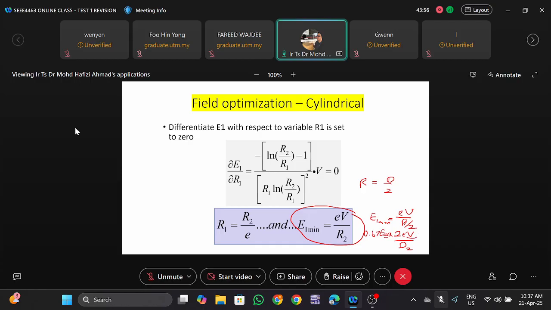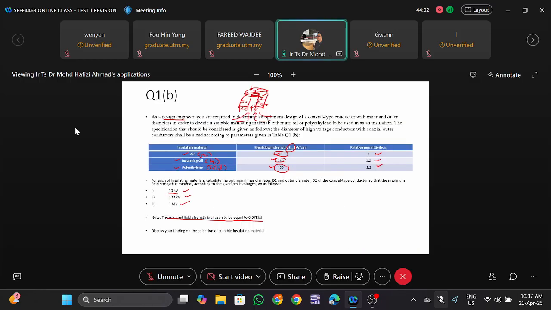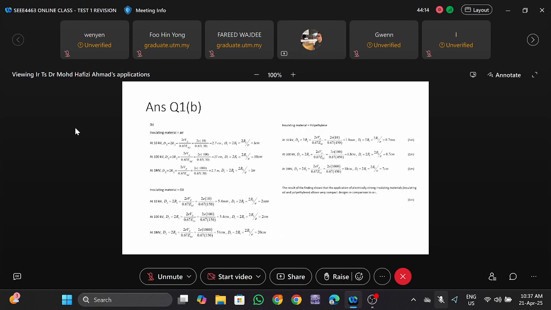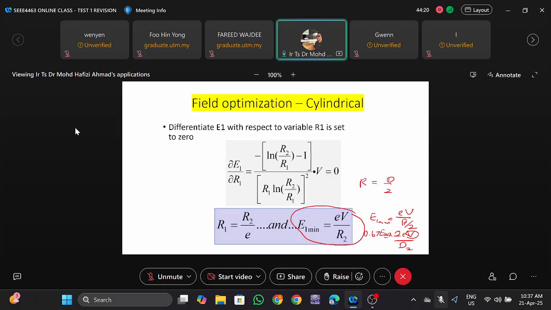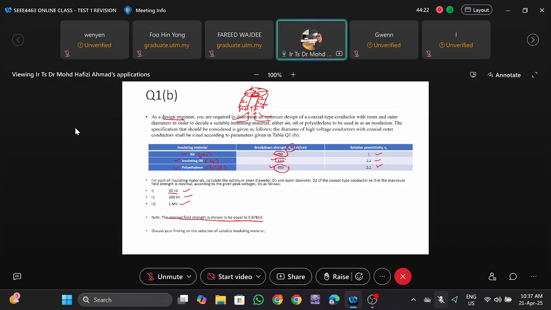So what is the voltage? These are the voltages that we apply, according to the question here: 10 kV for the first condition, 100 kV for the second condition, and 1 megavolt for the third condition. So firstly, we choose air, because we want to fill our coaxial conductors here.